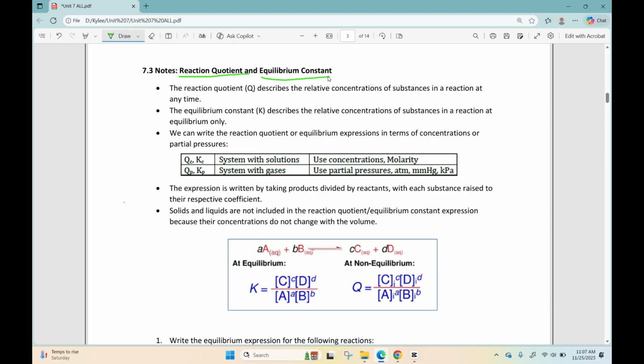We are back with 7.3, which introduces something called the reaction quotient and the equilibrium constant. The reaction quotient is given the symbol capital Q, and the equilibrium constant is given the symbol capital K. We can write the reaction quotient or equilibrium equation, also known as an expression, in terms of concentrations, aka molarities, if we are using a system of solutions, or if we're dealing with gases, we can write these using pressures.